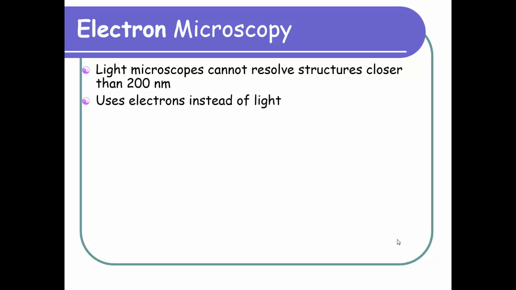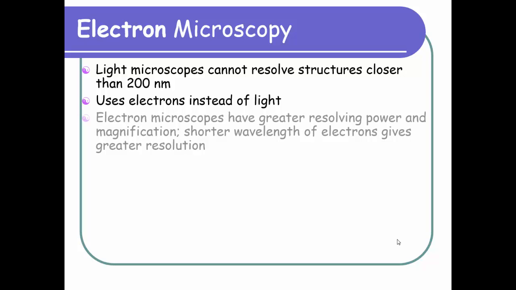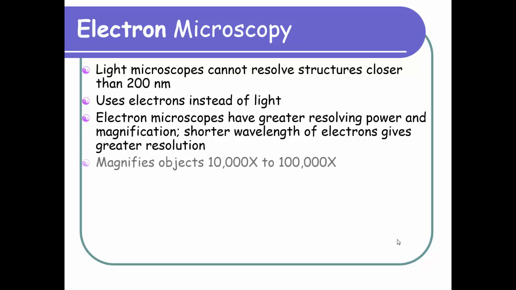Electron microscopes use electrons instead of light. Electrons actually travel in waves just like light. The electron microscopes have much greater resolving power and magnification. The shorter wavelengths of electrons give greater resolution.